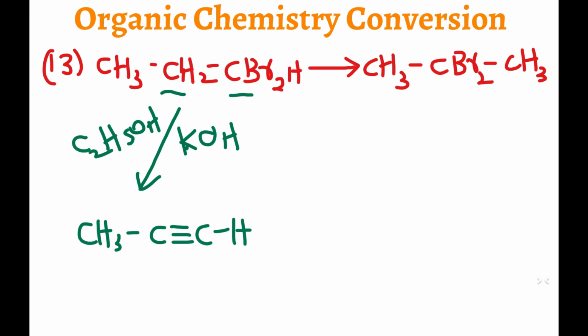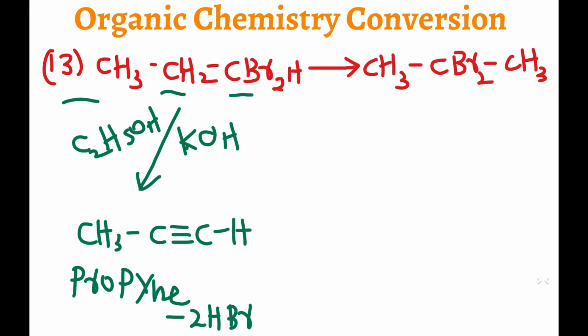This alkyne can be named as propyne. When we are going to make this propyne, we have to remove two HBr molecules from the initial organic compound. After making propyne, we have to follow only one step. In that step, we have to use hydrogen bromide in CCl4 medium.